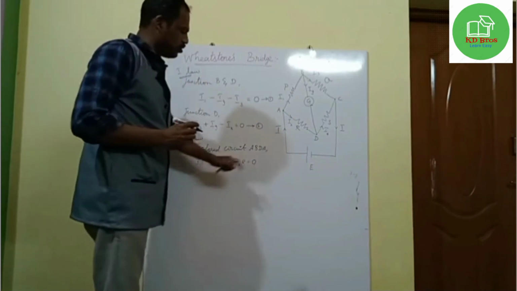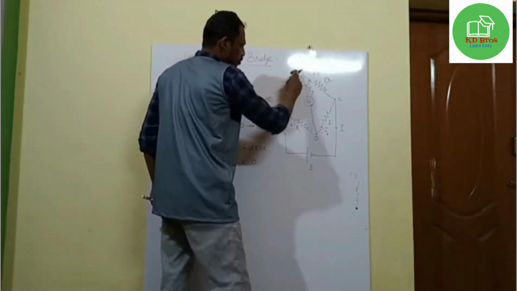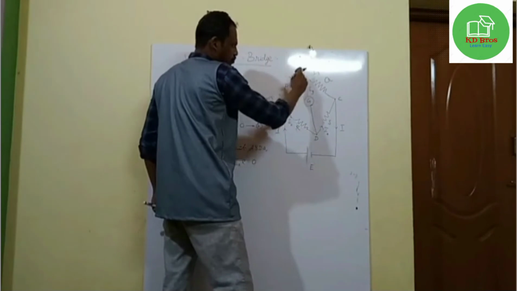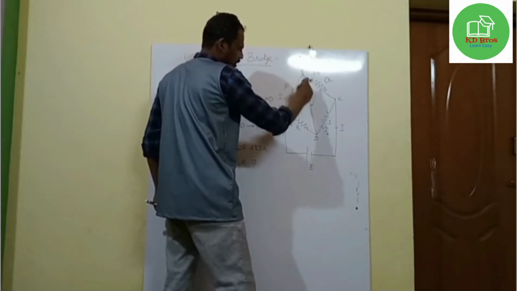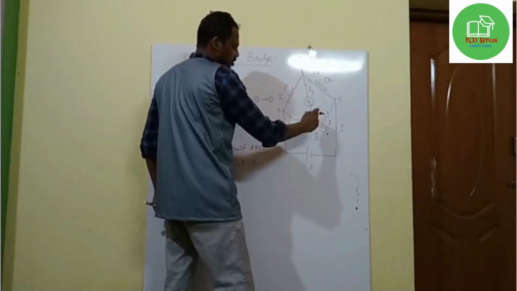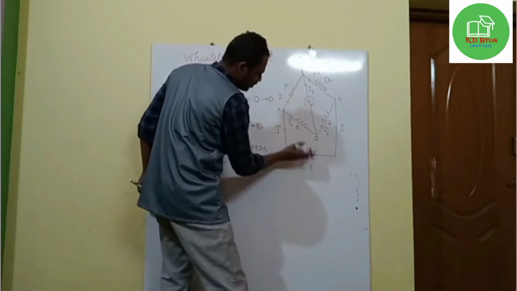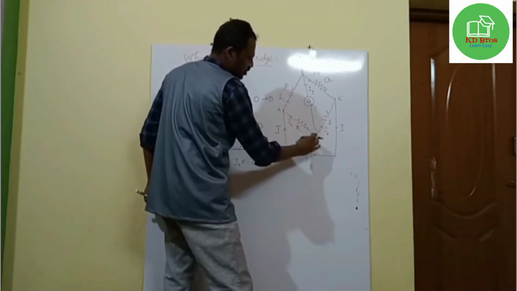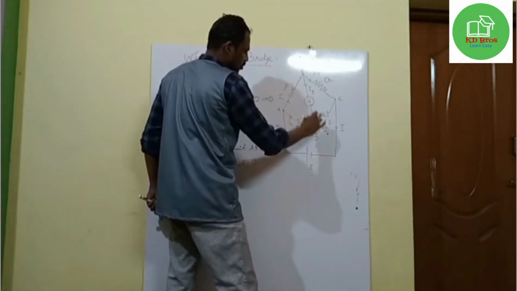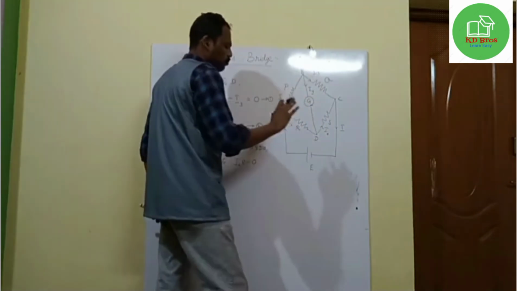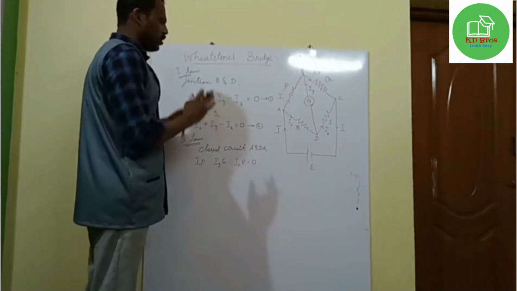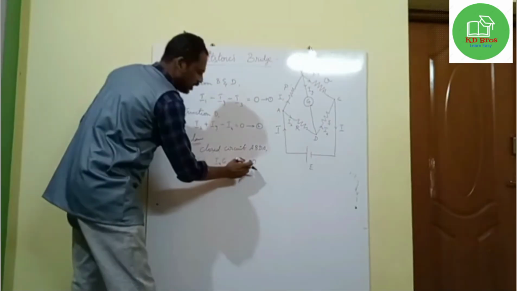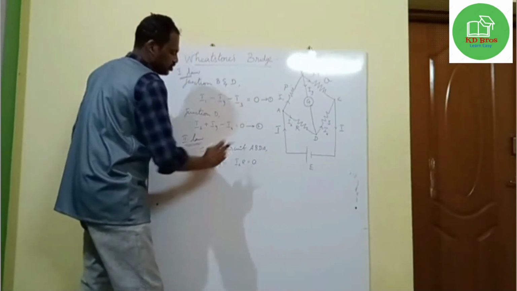Why does it become 0? Because there is no battery connected within this closed circuit, so the algebraic sum of the EMF will become 0.